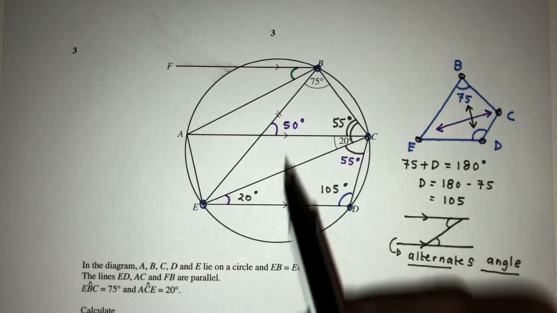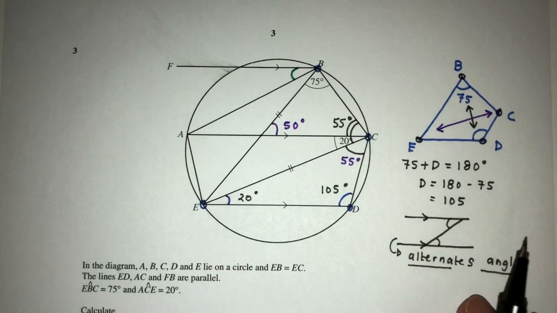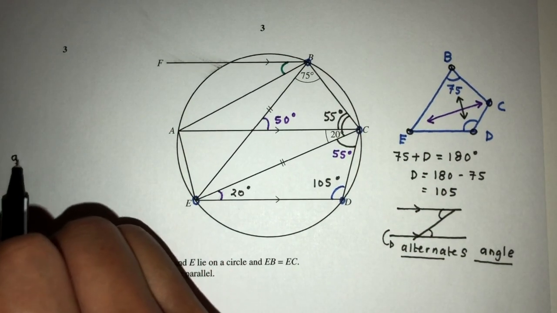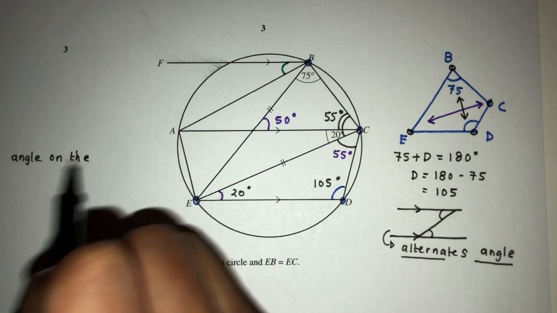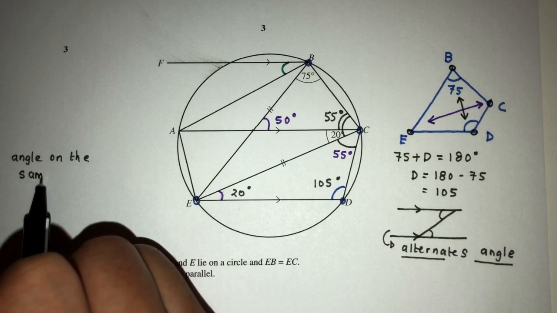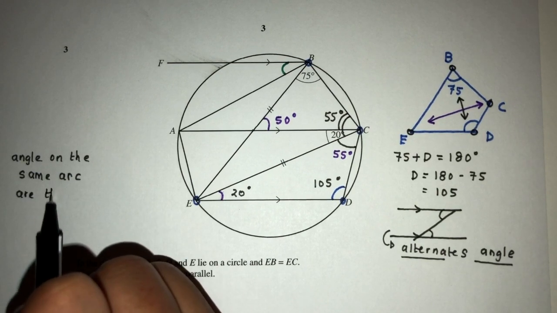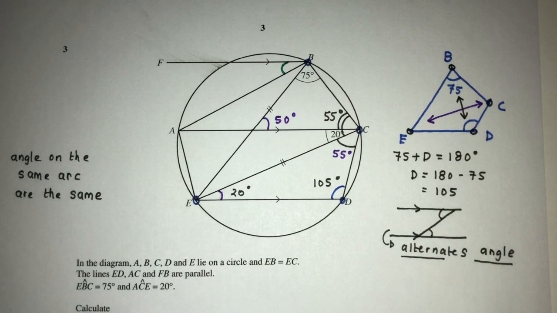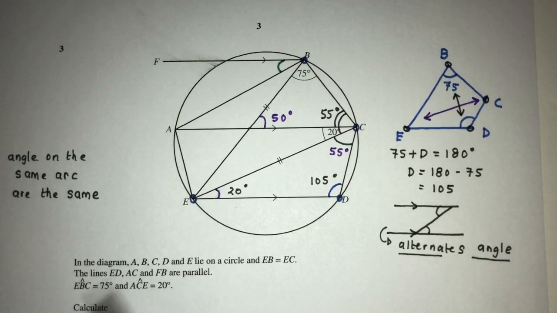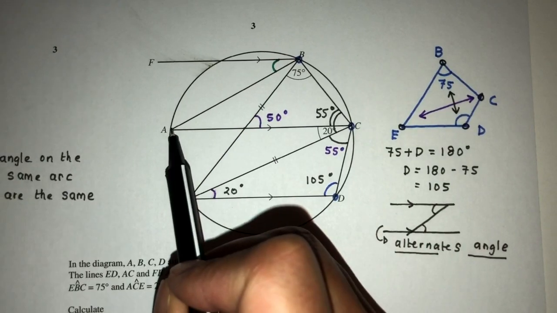And then this is 20, which means we also have a theory we have to know: angles on the same arc are the same. That's something we also have to know for questions with circles. What I mean here is that, as you can see, this angle 20 lies on the arc AE.